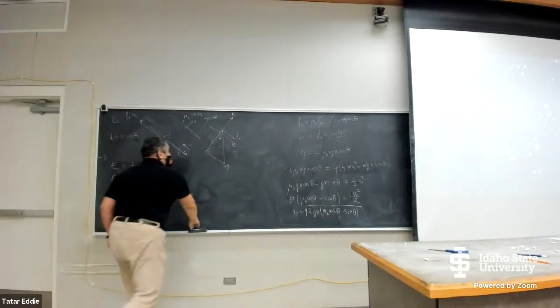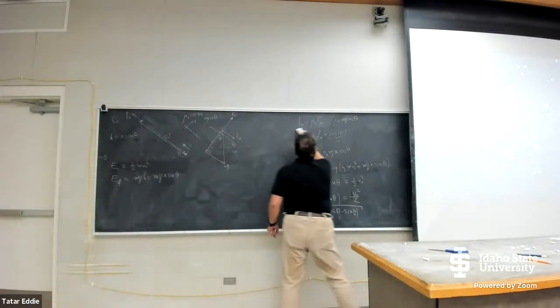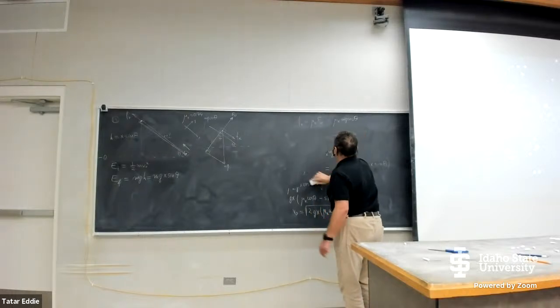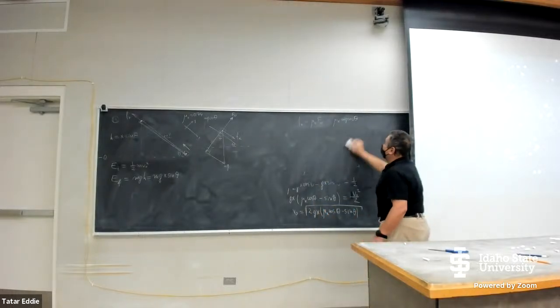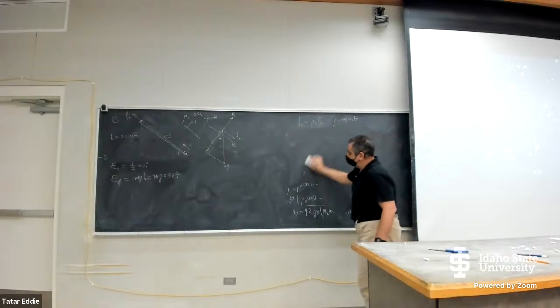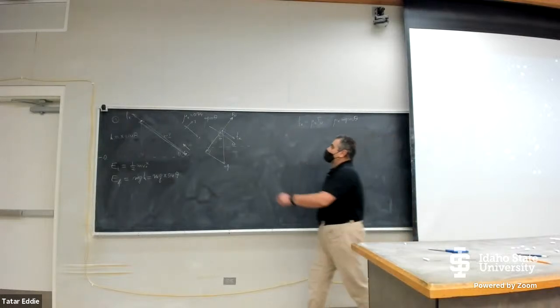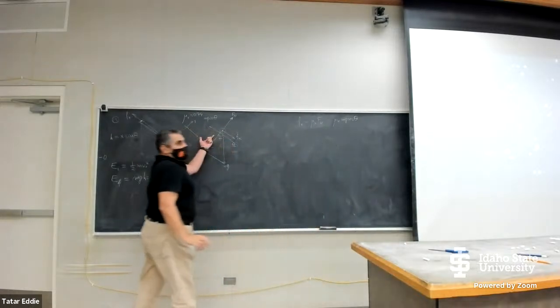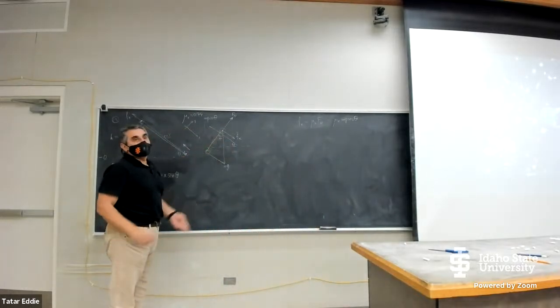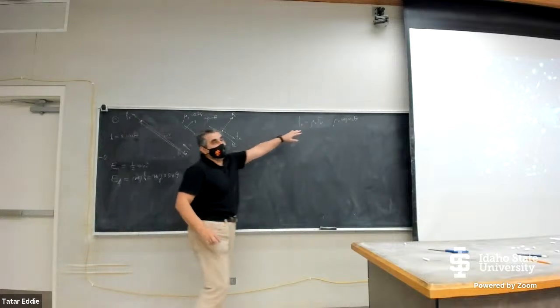And the rest is the same. The friction force is the normal force times the coefficient of friction. And the normal force has to be equal in magnitude to the y component of the weight. In other words, it should be this.